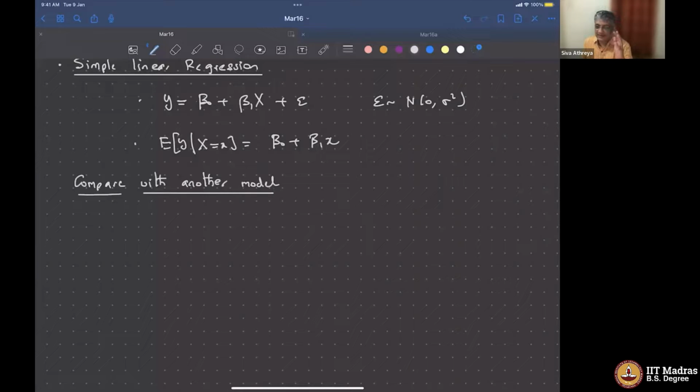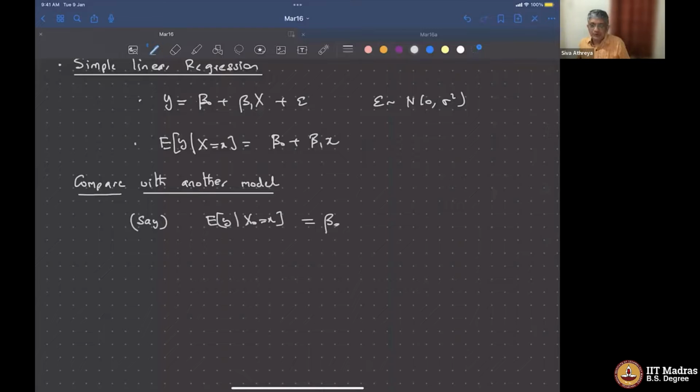Let's just say that I just fit the mean function. A very simplistic model is when beta 1 is 0, that is E of y given x equal to x is just beta naught. No matter what little x is, as the value of capital X, I always put beta naught.